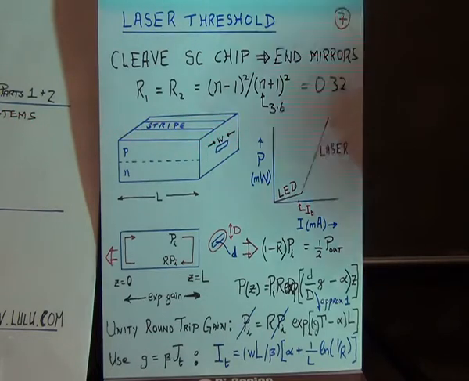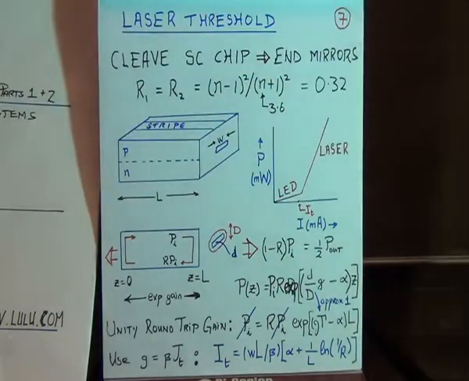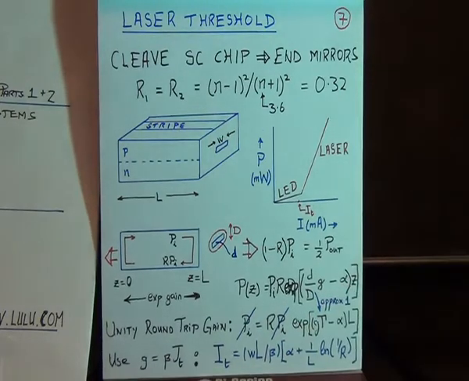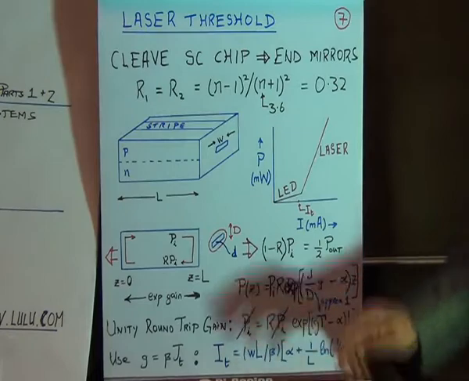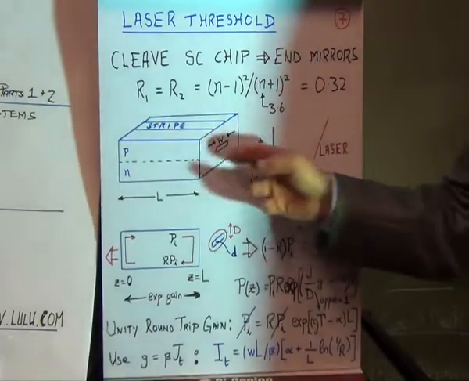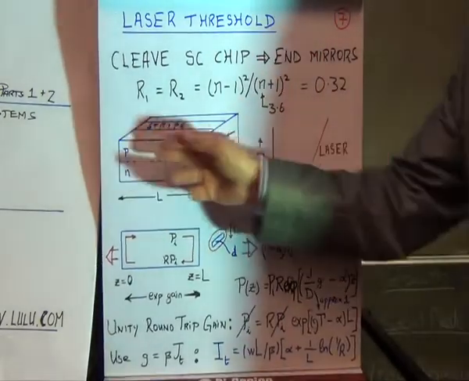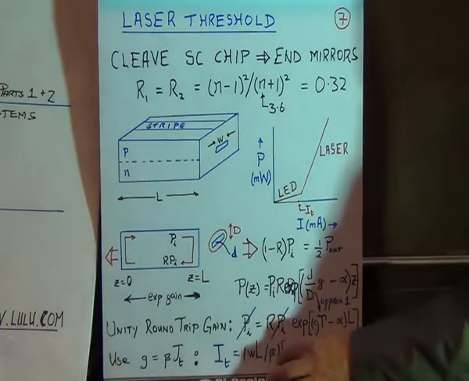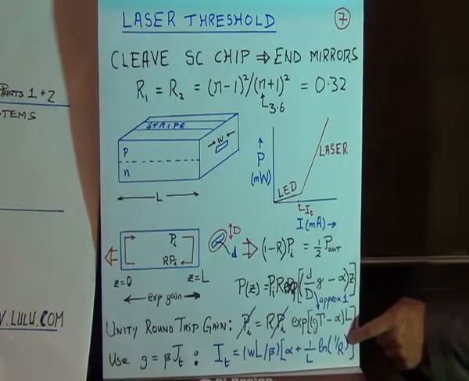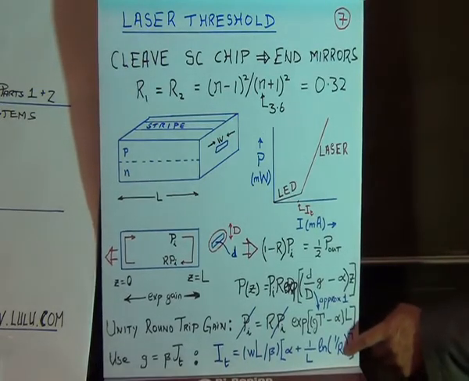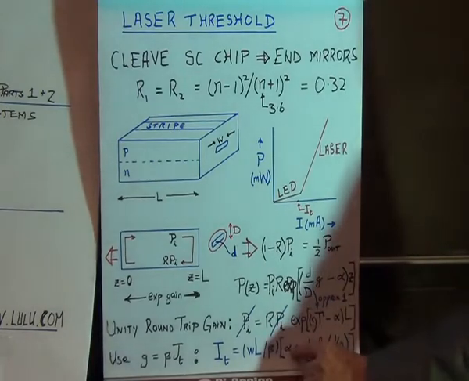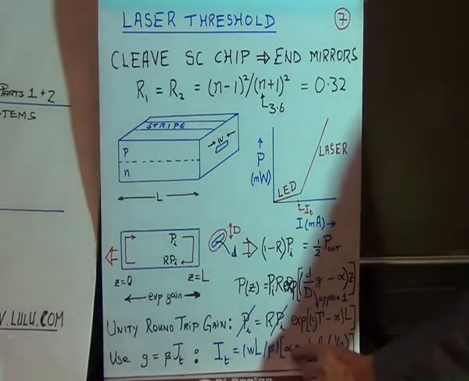If you have a bigger stripe area, you're going to need more electrons to pump what's underneath it, pump it to a higher state. Next, alpha is the loss. That's the losses per centimeter. So the light going up and down is losing power at a rate alpha per centimeter. Okay? And then they're also losing light at the end of the chip. There's a reflectivity R. This loss is distributed along the whole length of the chip.